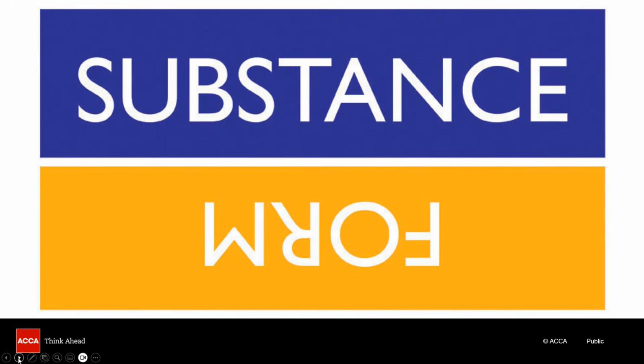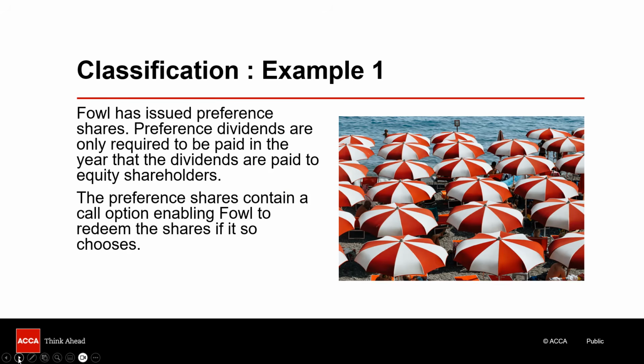So the accounting standard on this area, which happens to be IAS 32, says, look, consider the truth. Consider the substance of what is going on when you come to classify an instrument that you've issued as to whether it's debt or whether it's equity. And for me, the best way of explaining that is in the context as you are going to be tested.